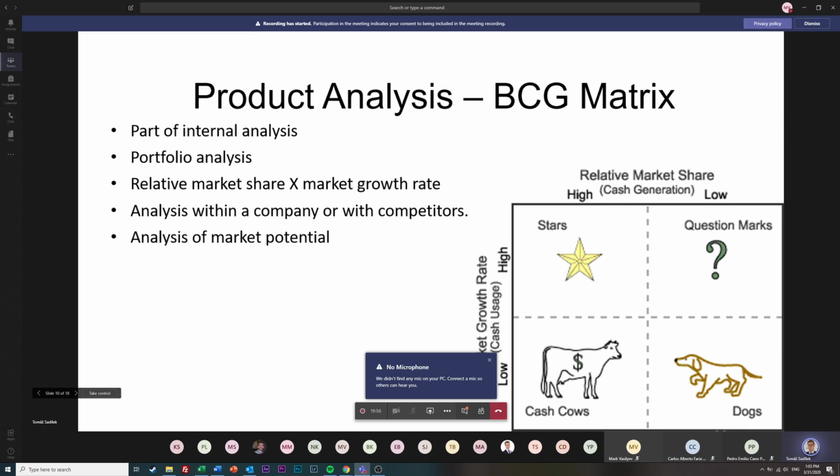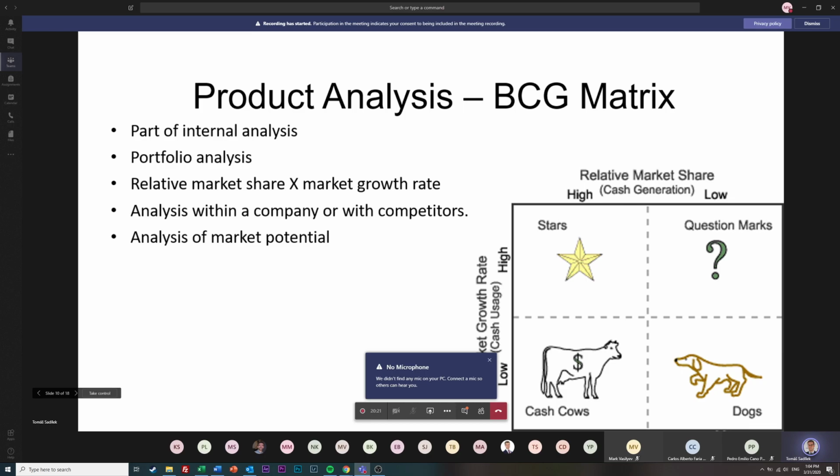So we measure the market share of question marks in comparison with stars, cash cows and dogs. Because we measure the relative market share, it depends on the market share of the others. So therefore, we speak about the relative market share.